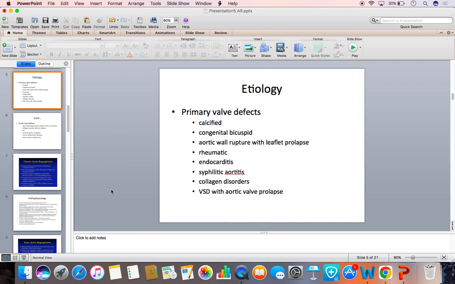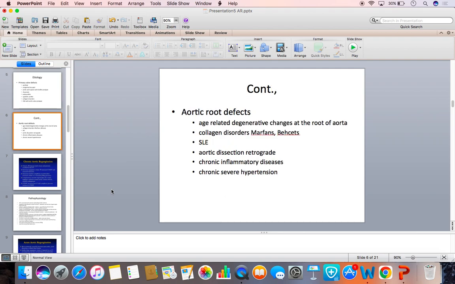Some collagen disorders like systemic lupus erythematosus, and syphilitic aortitis again result in aortic regurgitation. Aortic root defects, such as age-related degenerative changes at the root of the aorta, can result in aortic regurgitation. Marfan's and Behcet's are rare causes of aortic regurgitation.